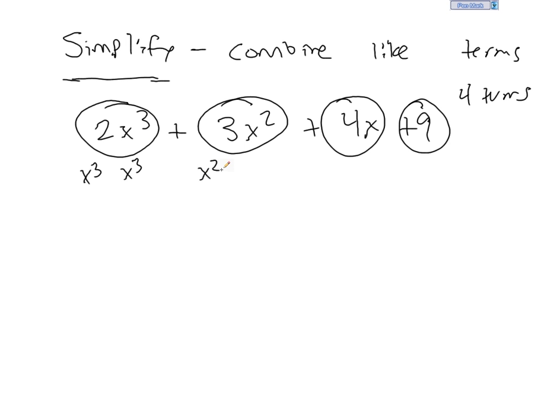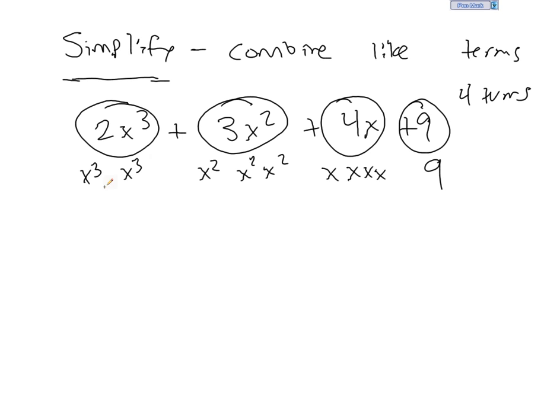Here I have 3 x squareds. Here I have 4 x's. And here I have a 9, so I just have a whole number. Well, in order for me to be able to combine things, they need to be like. So for example, here we're talking about apples, here we're talking about oranges, here we're talking about bananas, and here we're talking about just a constant value.